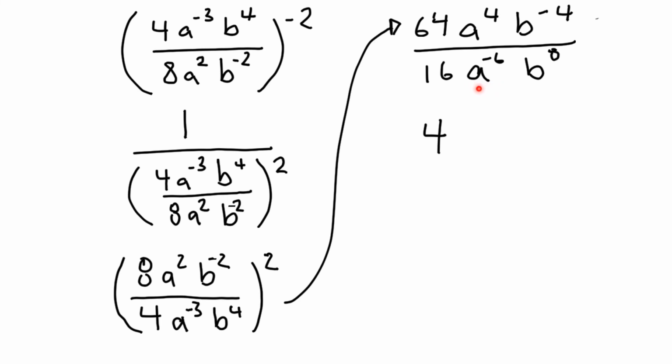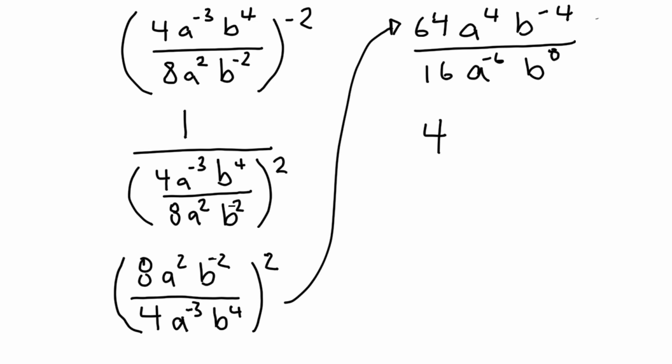So this a to the power of negative 6 can become positive by flipping it to the top. And also this b to the power of negative 4, we can make into a positive 4 just by flipping it to the denominator. Again, that's kind of what we saw over here. Everything on top ended up on the bottom, and everything on the bottom ended up on top.